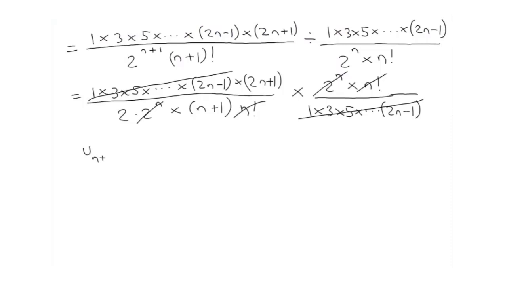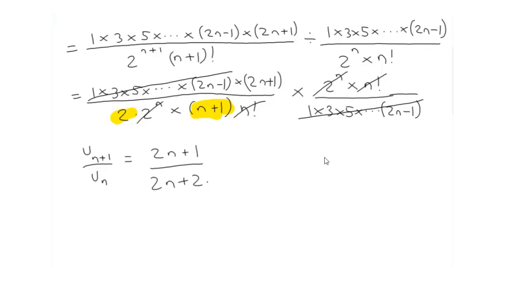So it's u_{n+1} over u_n equals, well, on top, all we are left with is the 2n plus 1 over, on the bottom, you've got 2 times (n plus 1), which is the same as 2n plus 2.